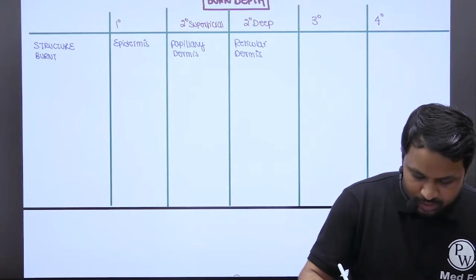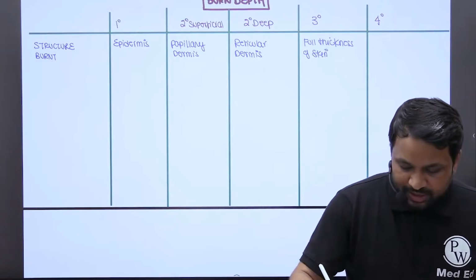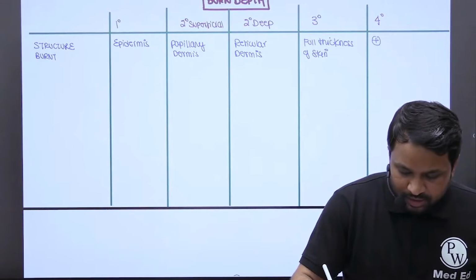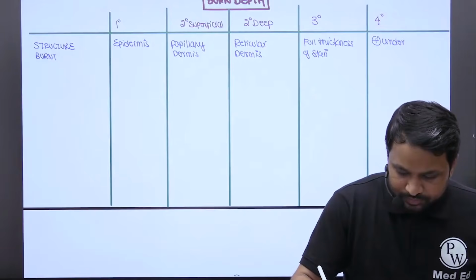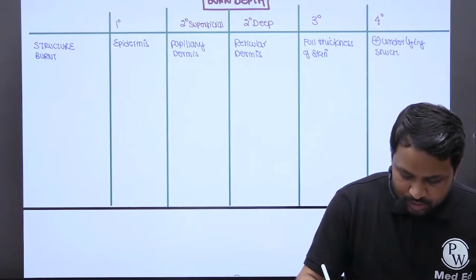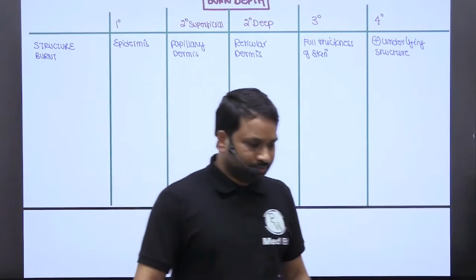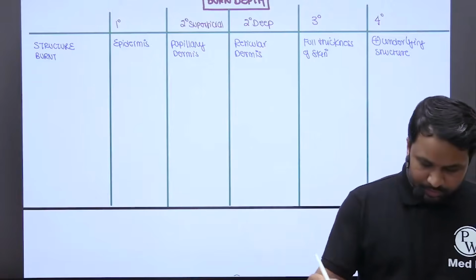Third degree is going to be full thickness of the skin, and the fourth degree is the involvement of underlying structures. If the underlying structure is also burnt, it is called the fourth degree burn.